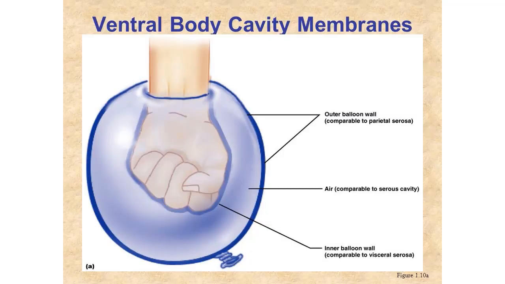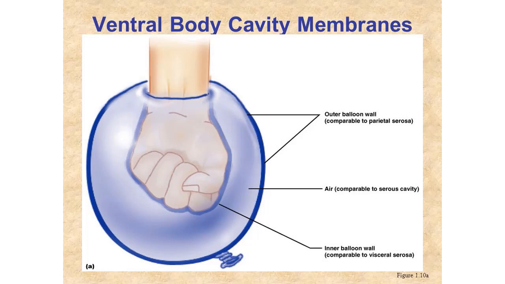The ventral body cavities are lined by a membrane. The dorsal body cavities are lined with another kind of structures. Now, the ventral body cavity, in fact, does not have any structure inside it, but structures like lungs, heart, intestine, they invaginate into these membranes.